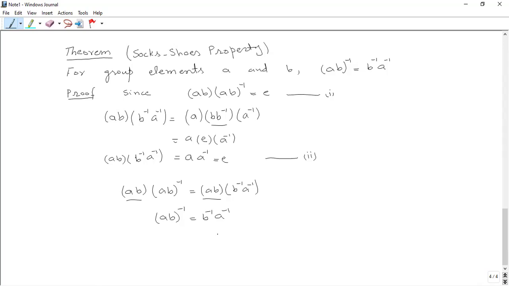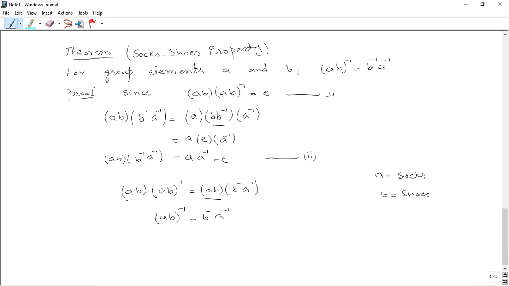Okay, now I will explain why this is called the socks shoes rule. If we consider a is equal to socks and b is equal to shoes, first we wear the socks and then we wear the shoes.